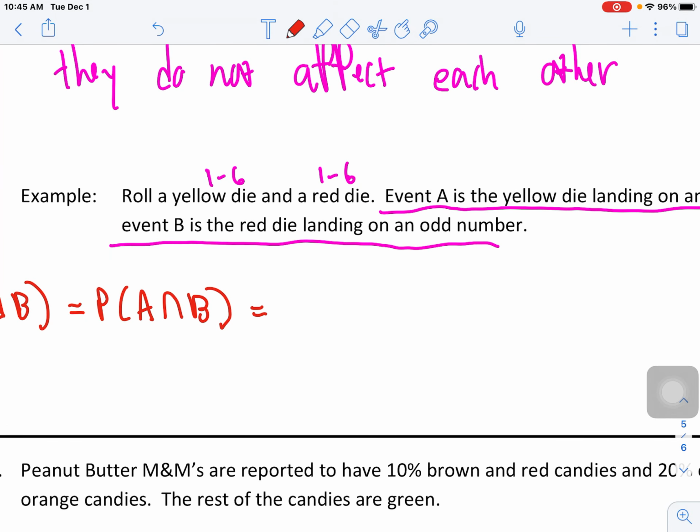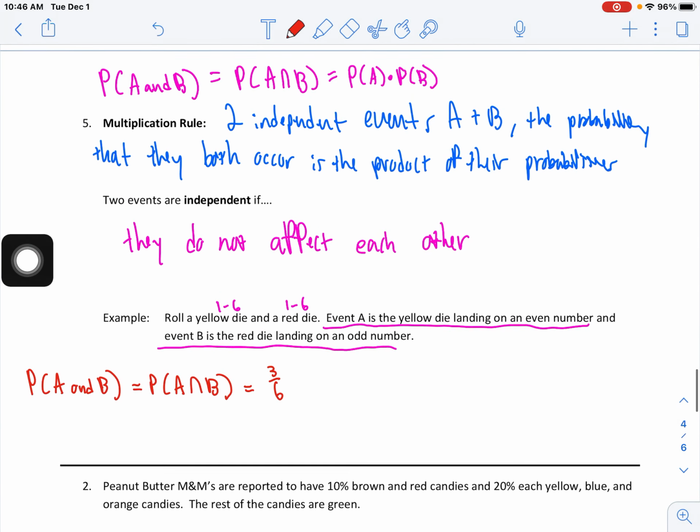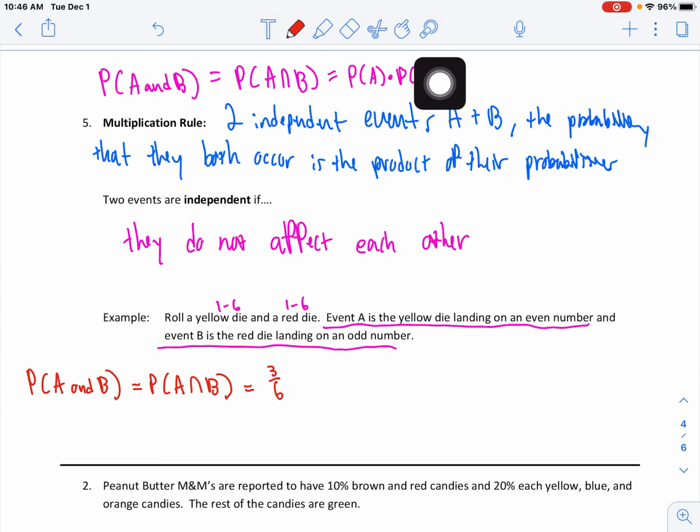Well, there's 3 even numbers out of 6. So that's event A. Now remember, this is the multiplication rule. So we just did probability of A happening. Now we need to multiply that by the probability of B, which is a red die landing on an odd number.